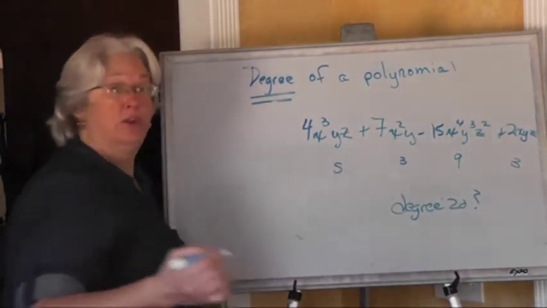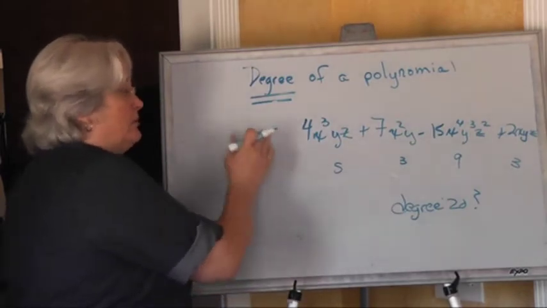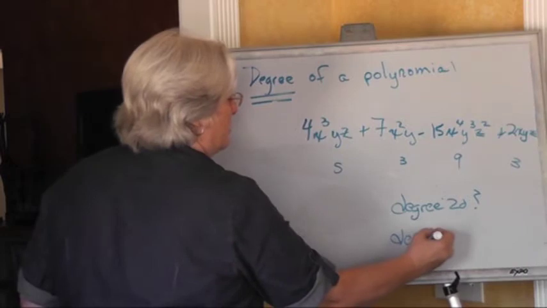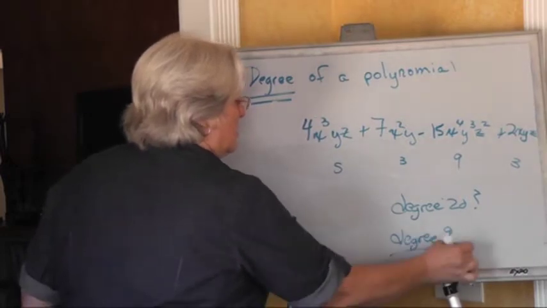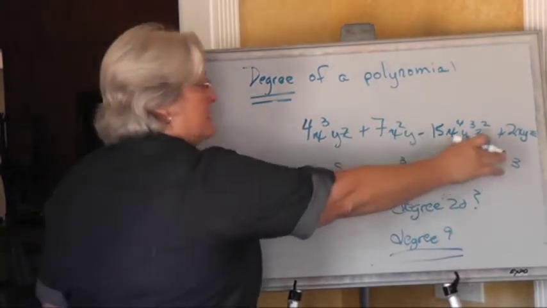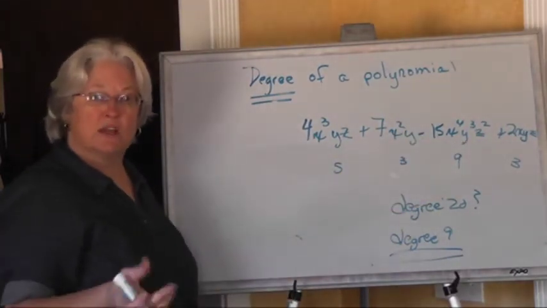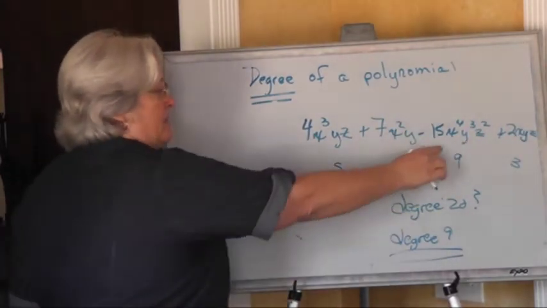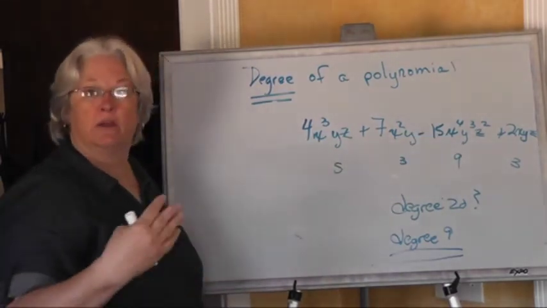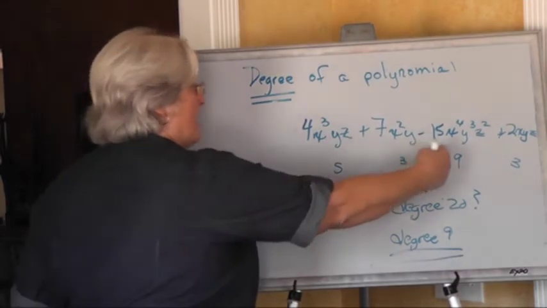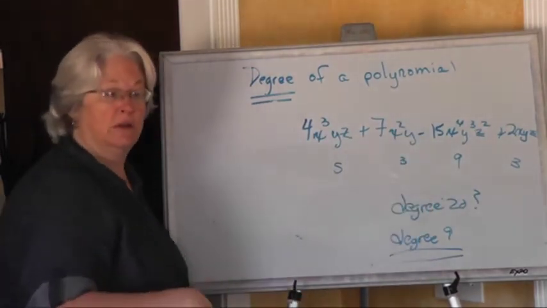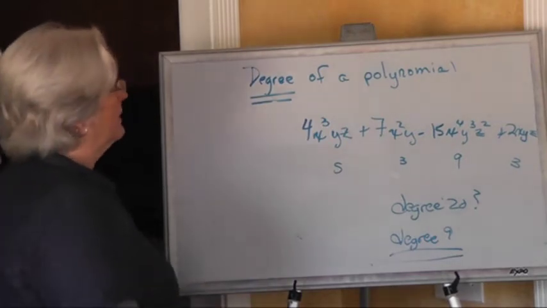No. The degree of this polynomial is degree 9, because what you do is you find the degree of each individual term that's here. You determine which has the highest degree. This third term here, minus 15x to the 4th y cubed z squared, has the highest degree, so that's the degree of the polynomial. Okay?